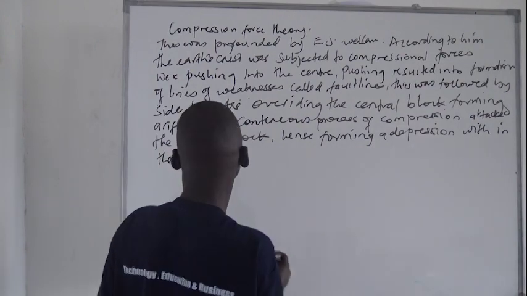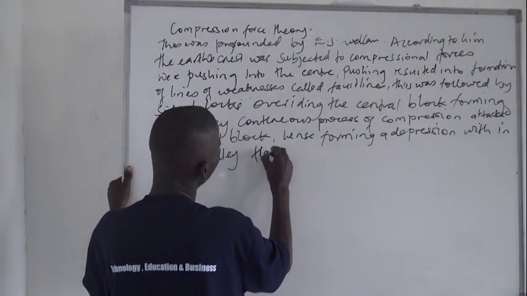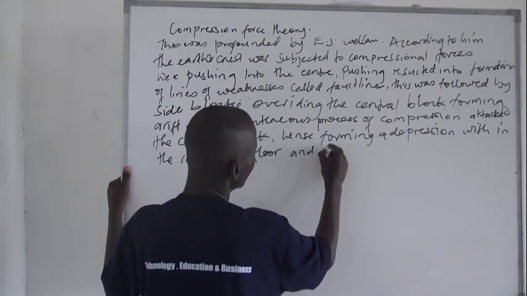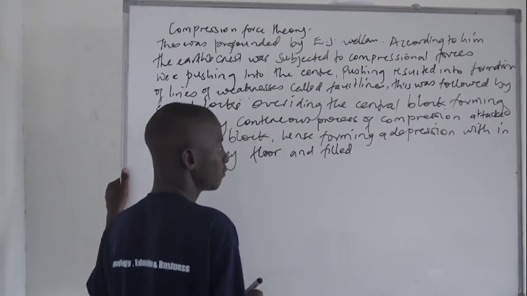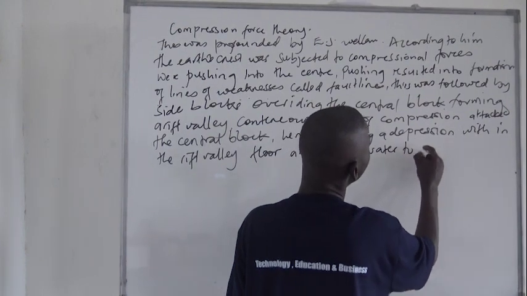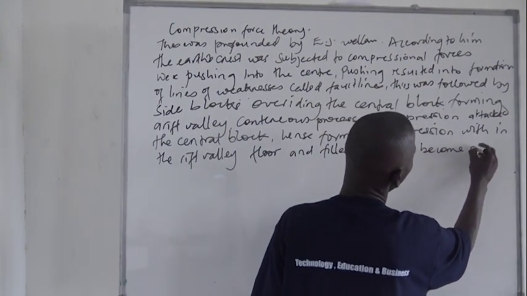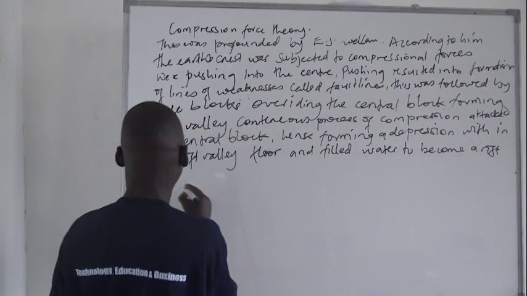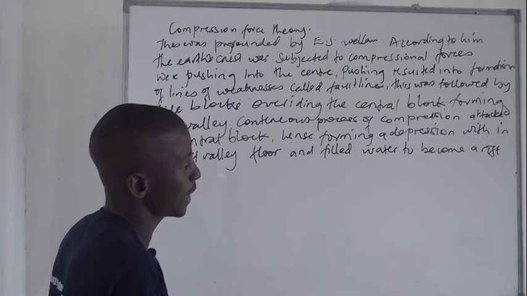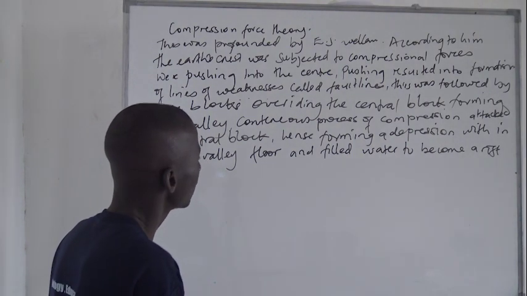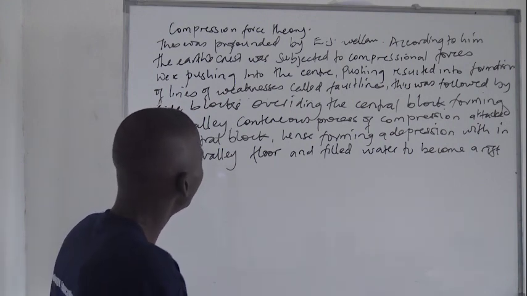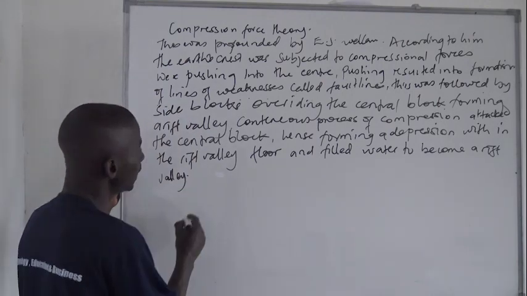Creating a small depression within a Rift Valley floor, and this was followed by the depression being filled with water, and to become what? A Rift Valley lake. This water is mainly rainwater, and preferably some other rivers and streams, bringing water into the depression that is later filled with water to become a Rift Valley lake.